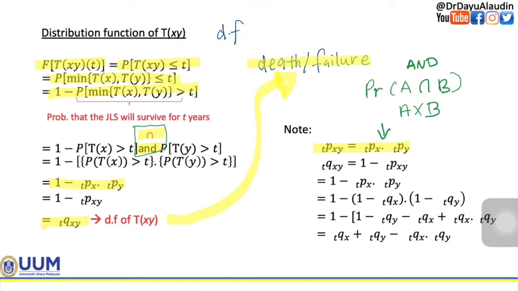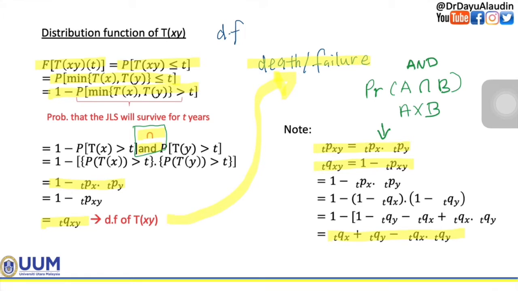So for tQxy, the probability of death is 1 minus tPxy. And after we expand the equation, the final one we get is tQx plus tQy minus tQx times tQy.